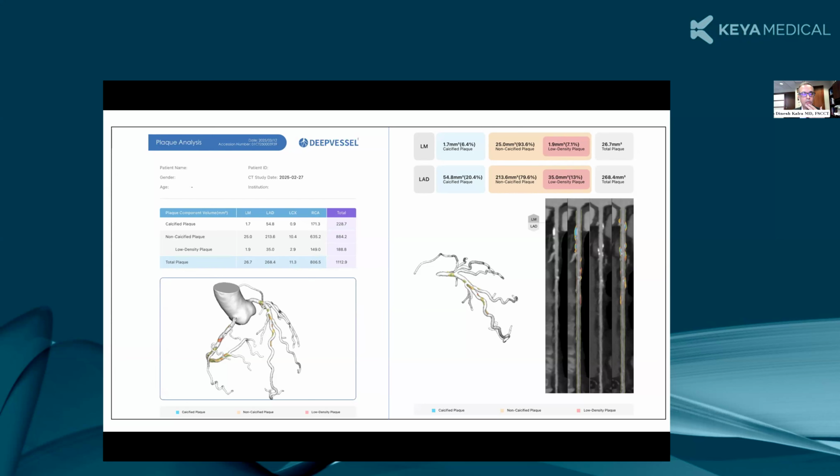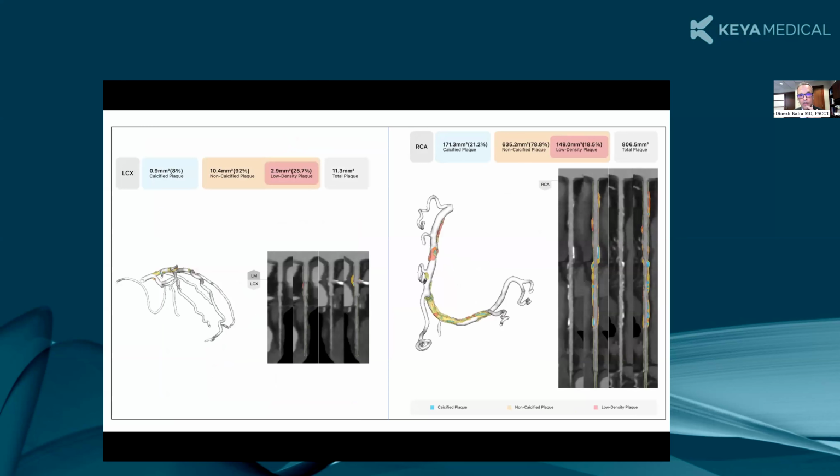It adds these up for you and gives you a total plaque burden, which in this case, more than 750 millimeter cube, is severe. So this gentleman has 1100 millimeter cube of plaque, of which the low density plaque is about 190 millimeter cube. That's a lot. And so you get an idea of plaque distribution in all three vessels.